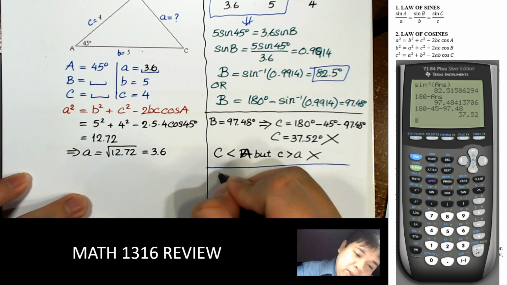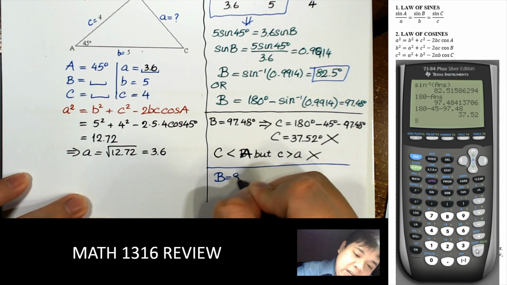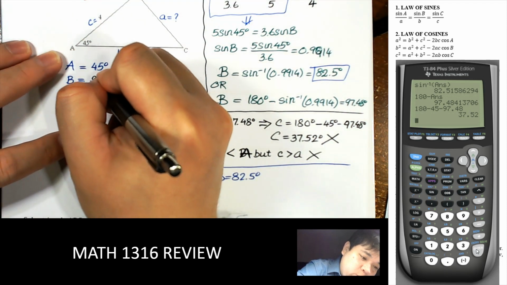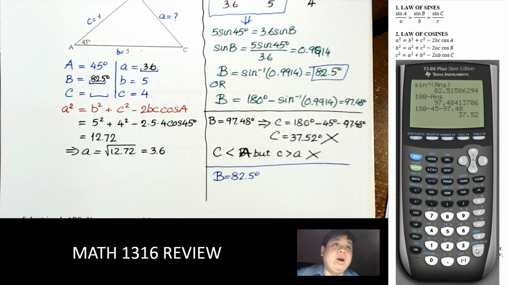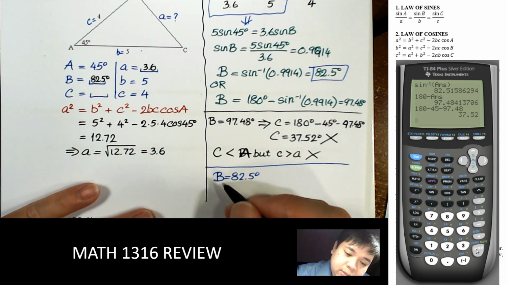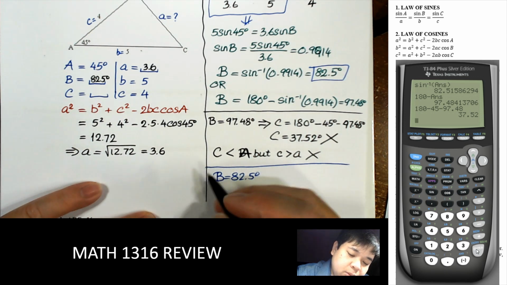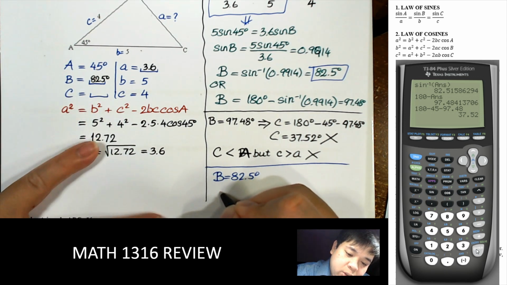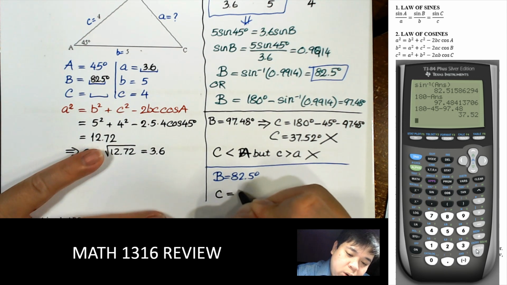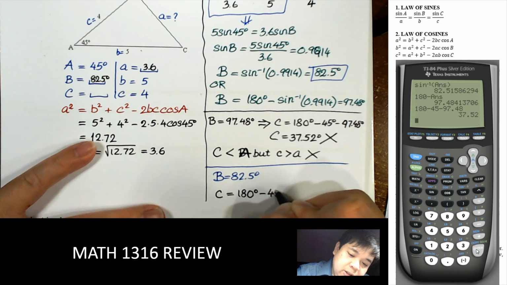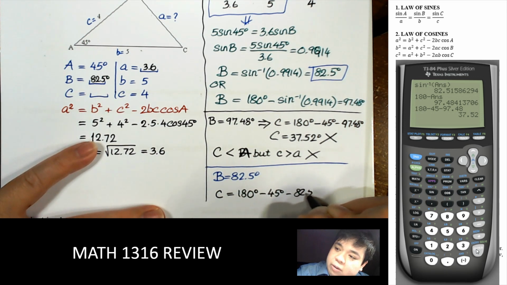So in that case, B has to be 82.5. That one we're sure of, 82.5. So we're going to put here permanently 82.5 and subtract from 180. That will be easy. So angle C is 180 minus 45 minus 82.5.